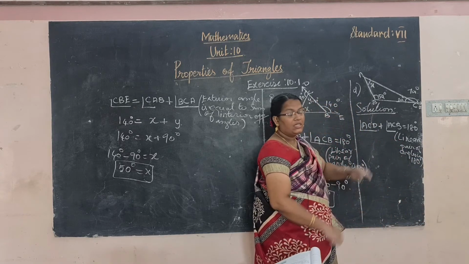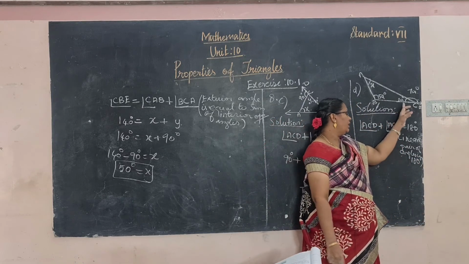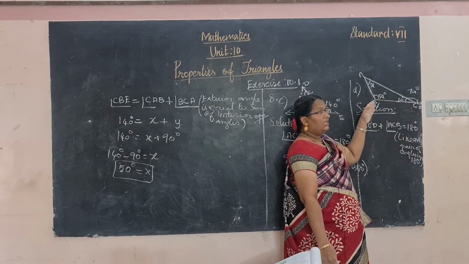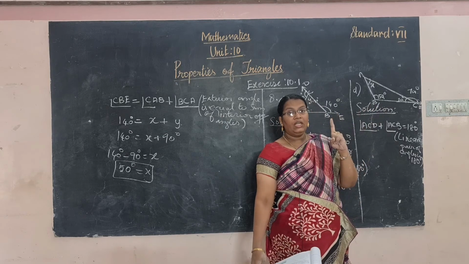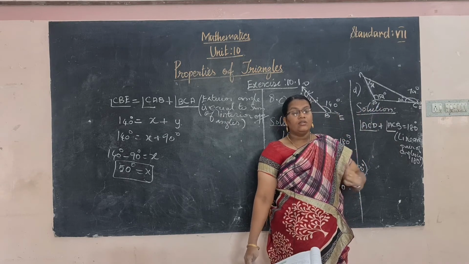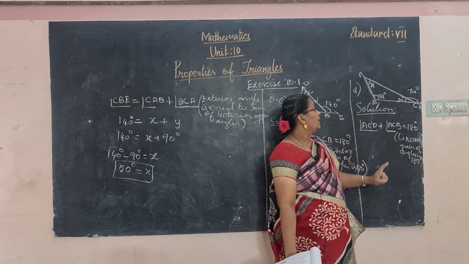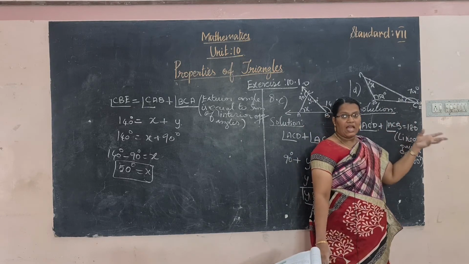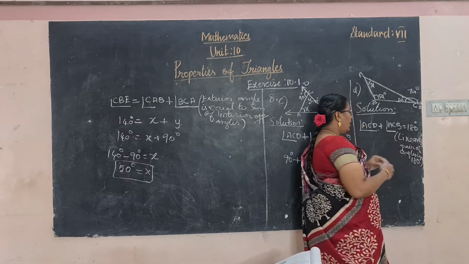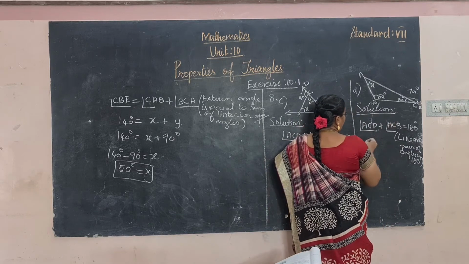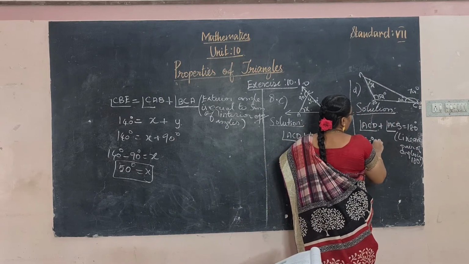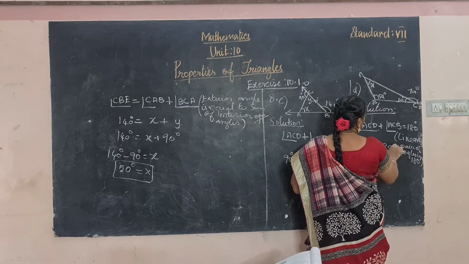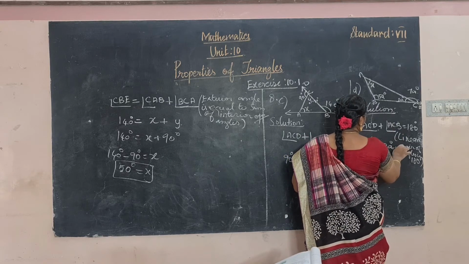Do you understand why we find the A value in this place? Because all the angles are in variables, so we need any one of the angles. So first we use any one of the properties to find the value of angle A. Angle ACD value was 7A and ACB value was 2A degree, equal to 180 degree.